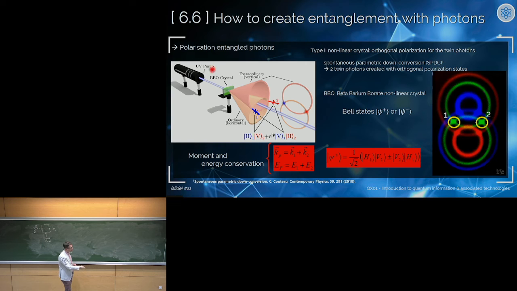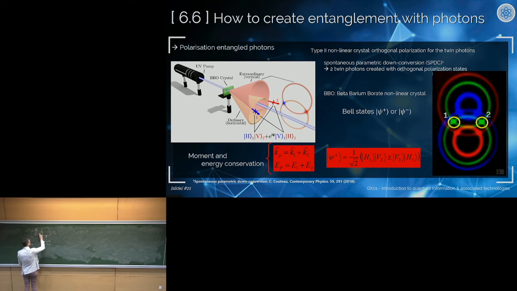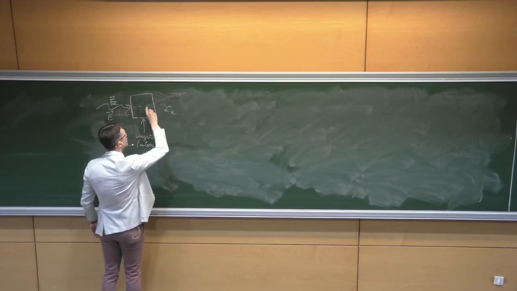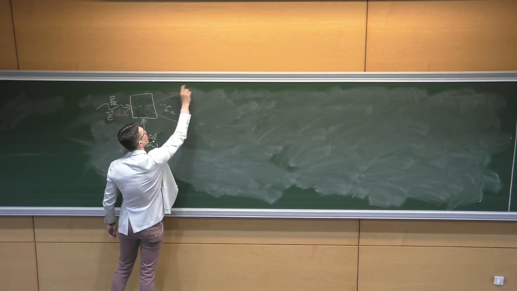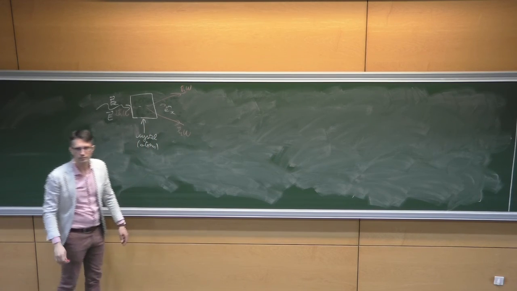And what's going to happen here is that by this nonlinear process, one high energy photon has a probability to split into 2 photons, twin photons, but with low energy. Okay? So now you send 2 h bar omega, and then what you end up with is 2 photons, each of them with energy h bar omega and low energy.